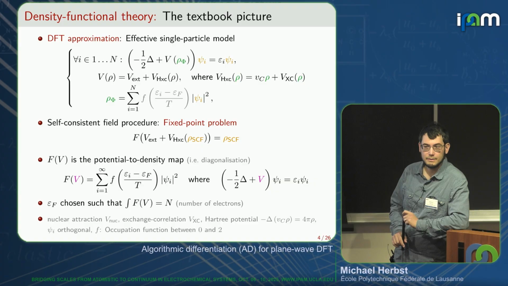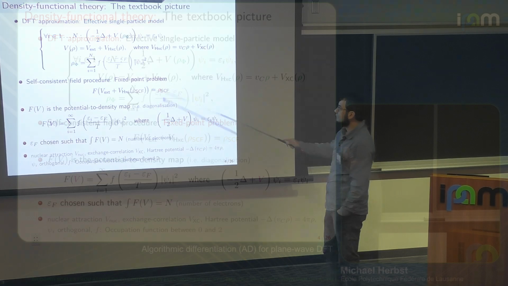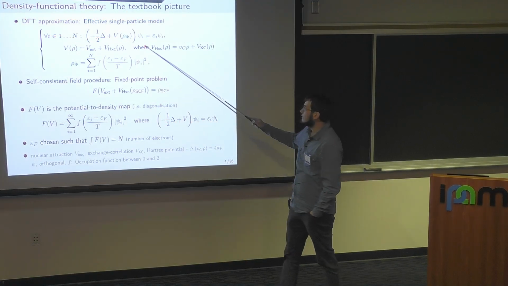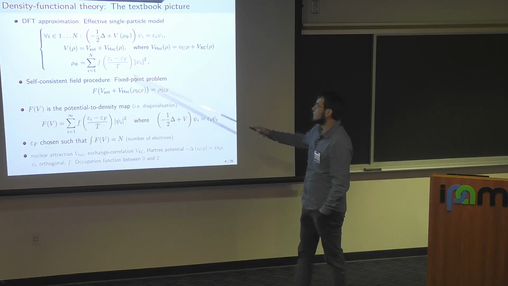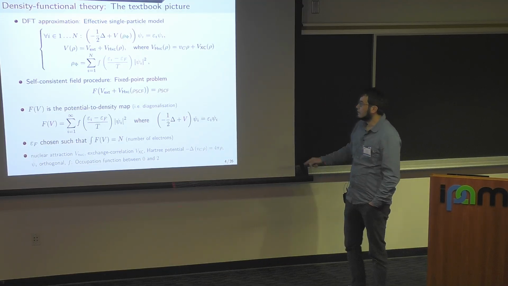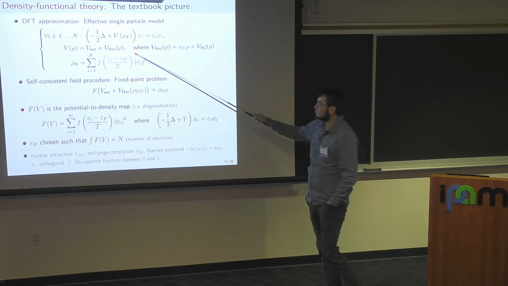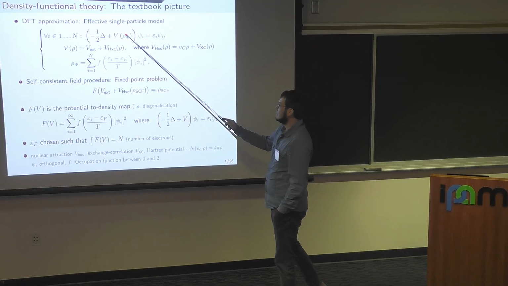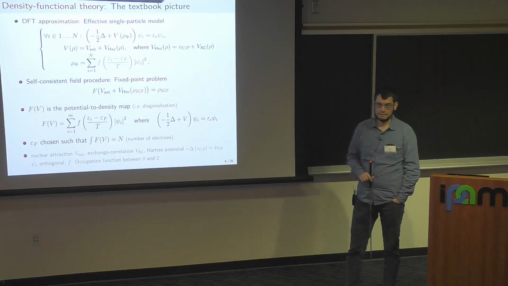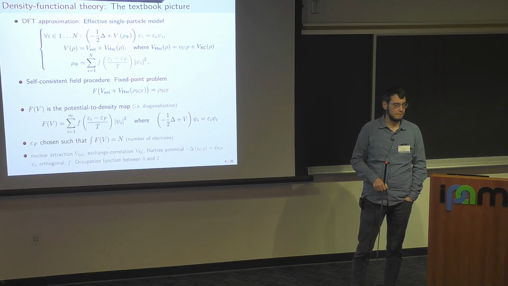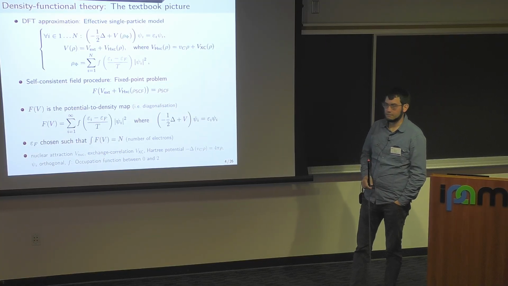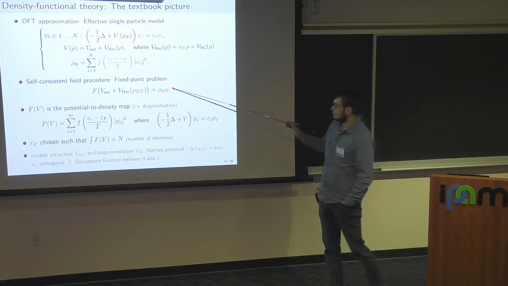And so just to put everybody on the same page, this is the notation I will use. Those of you who are familiar with DFT see the familiar Kohn-Sham equations, a nonlinear eigenvalue problem, where the eigenfunctions that come out of this operator are used to build a density, and in itself, the operator depends on that density. If you're not familiar with that, all the information you need for this talk is contained in this equation here.